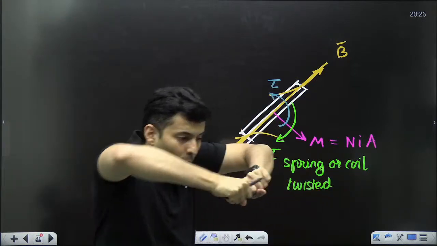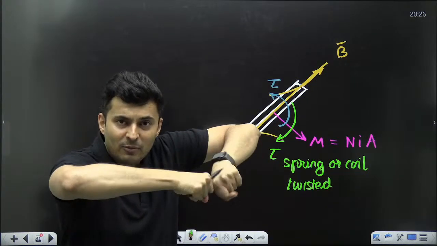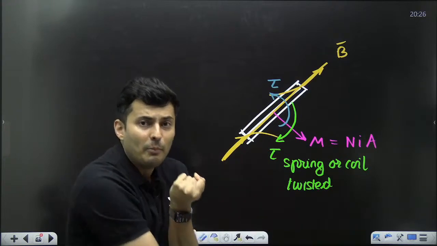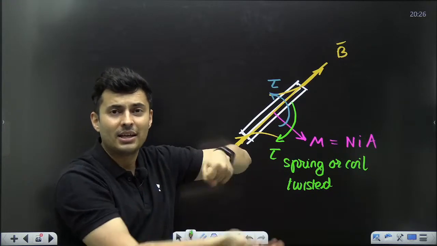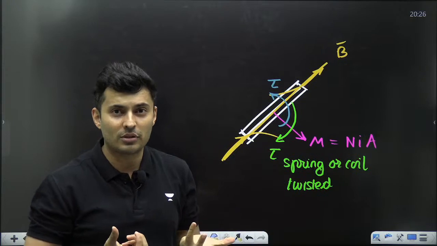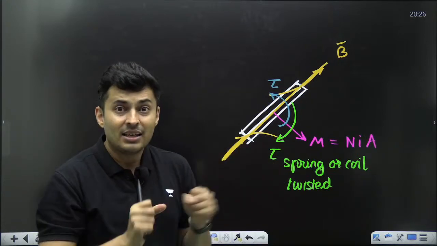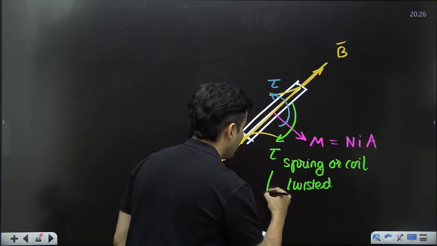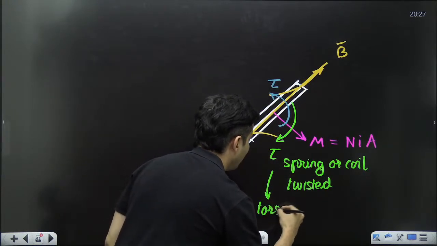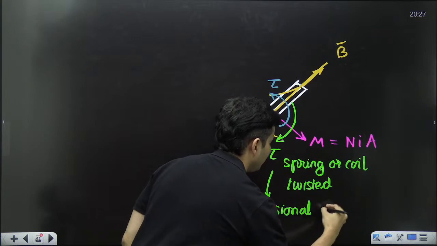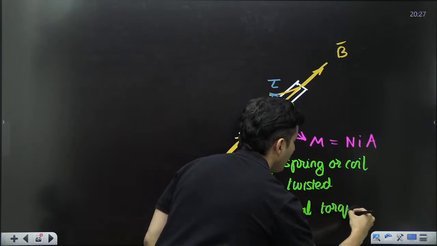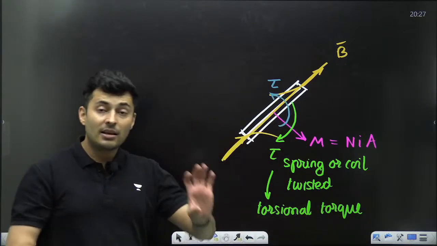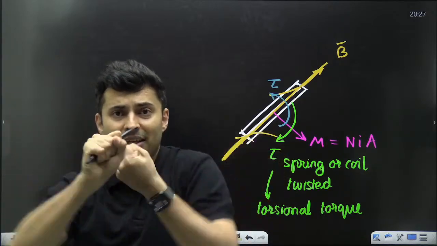When a coil twists, because of its elasticity property, it will try to oppose it and bring it back by a restoring force. When it twists, it creates a restoring torque. So that torque is called the torsional torque. Torsion is a word which is associated with twisting.